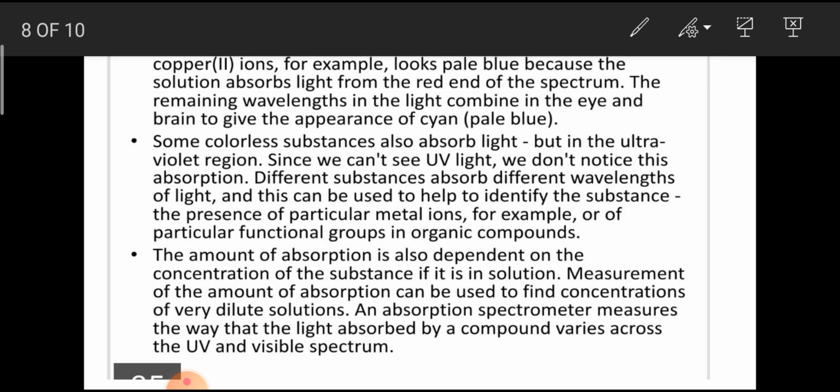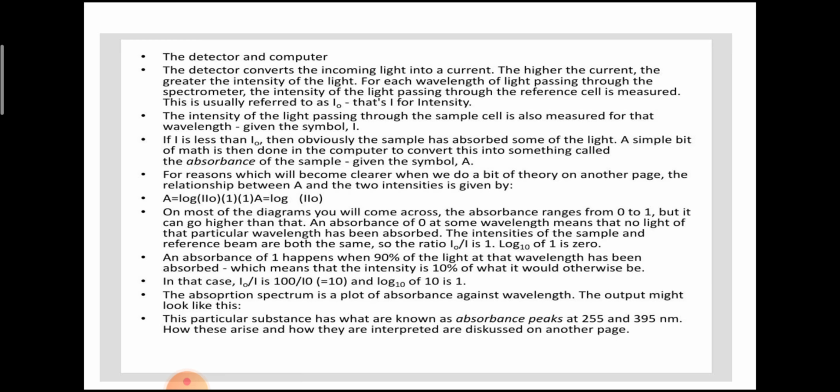An absorption spectrophotometer measures the way that the light absorbed by a compound varies across the UV and visible spectrum. The detector converts the incoming light into a current. The higher the current, the greater the intensity of the light. For each wavelength of light passing through the spectrometer, the intensity of the light passing through the reference cell is measured.